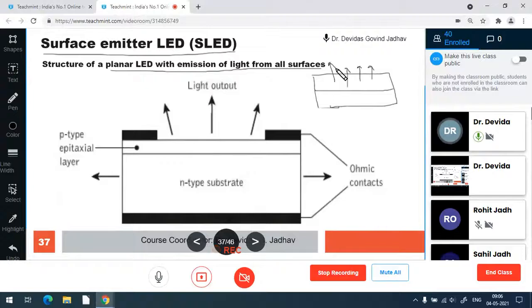They are called surface emitting LEDs. And if they come out along the junction through the edge, then these devices are called edge emitting. So there are two types of devices, surface emitting and edge emitting. Out of that, first we are looking at the structure of a planar LED with emission of light from the surface. This is the SLED, surface emitting LED.